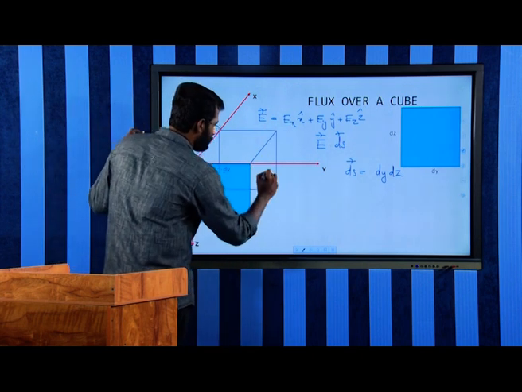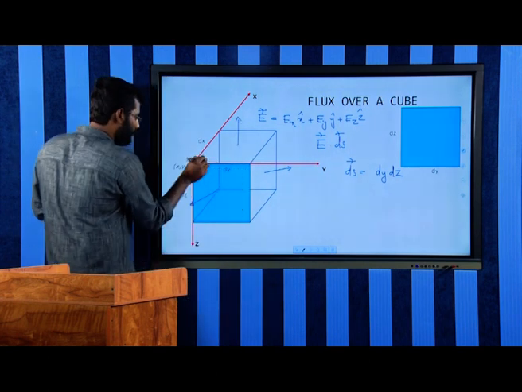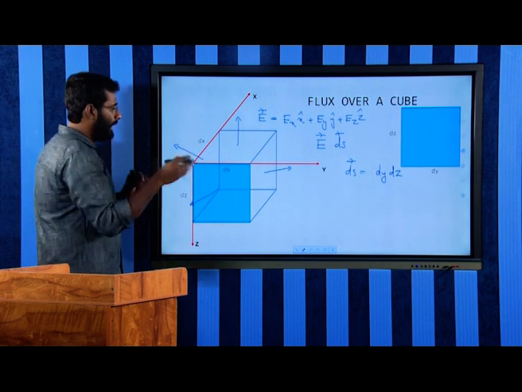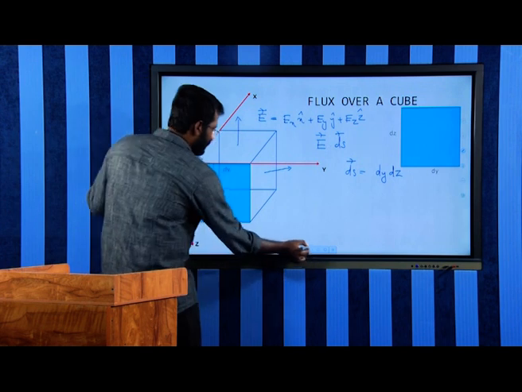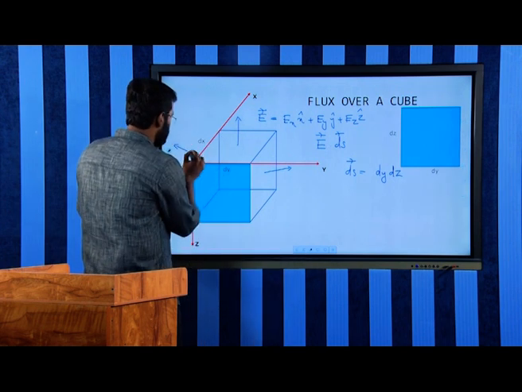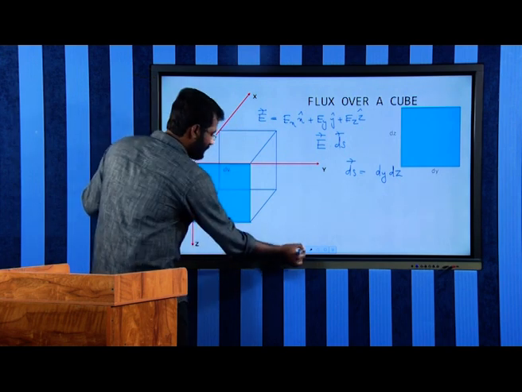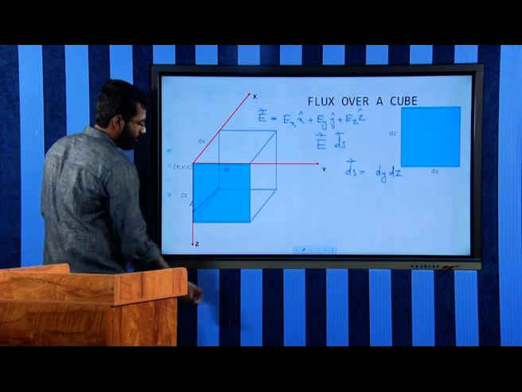For this side surface it will be towards here, for the top surface towards here, for the left surface towards here, and so on. We need only the front surface, so for the front surface the direction is along here. This will be the direction of the area.